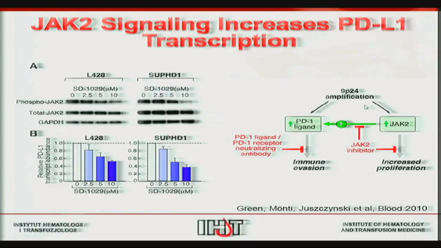But the second lesion created by this amplification is activation of JAK2, which further fuels overexpression of PD1 ligands, but in parallel is responsible for increased proliferation. It is also a targetable lesion, so we can target the pathogenetic mechanism associated with this amplification with specific drugs.